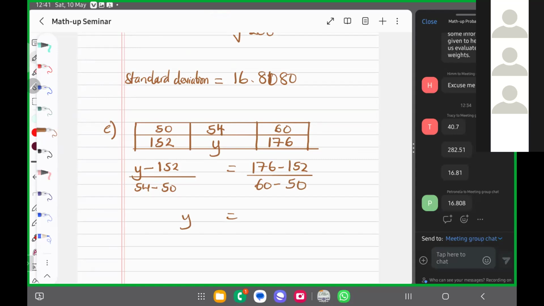What are we getting as our Y value? 2.4. What are you getting? 2.4. Oh, sorry, I was working out one side. It has to be between 152 and 176.